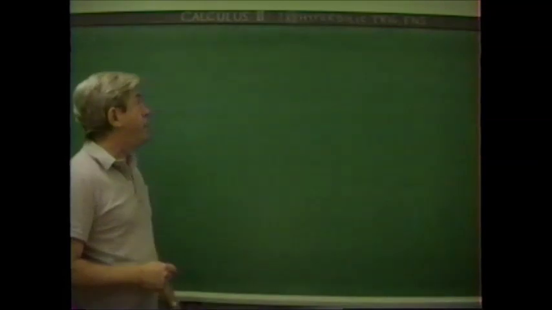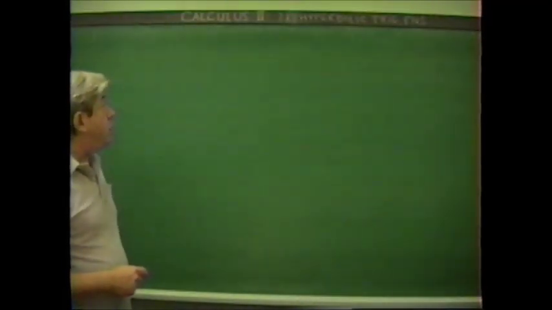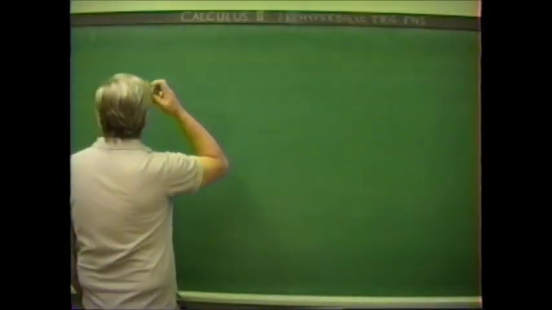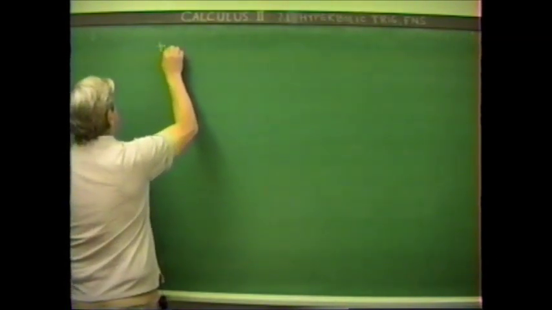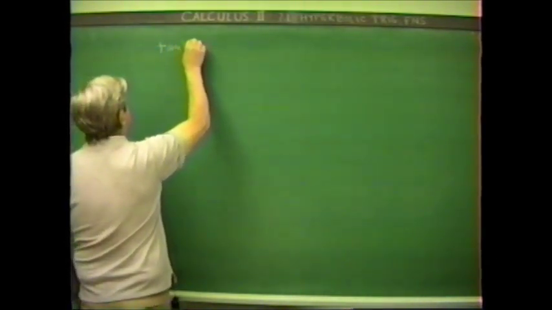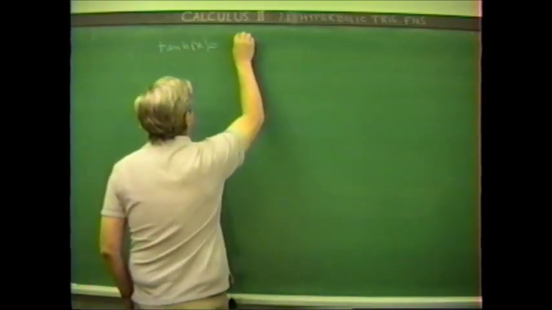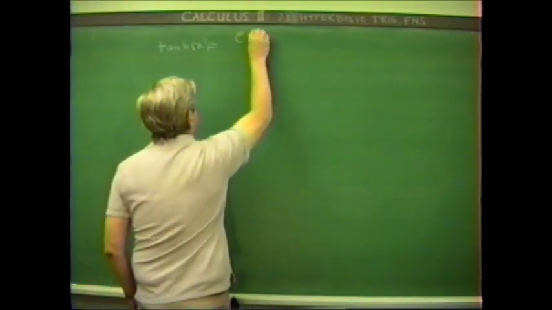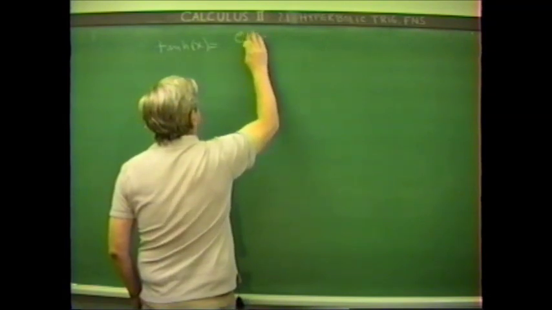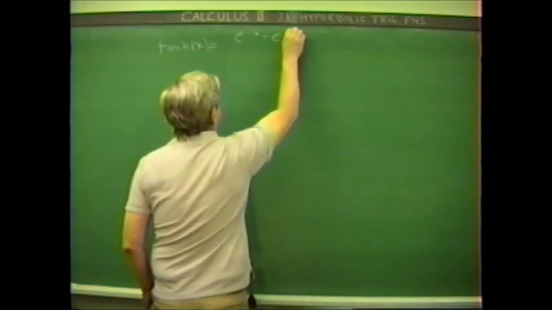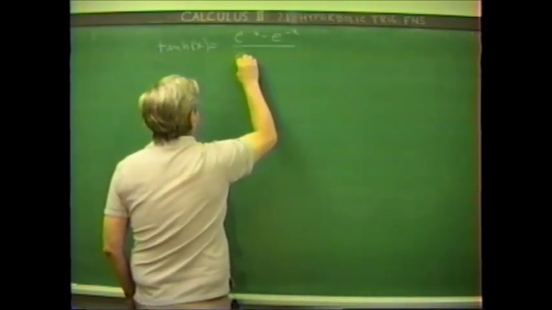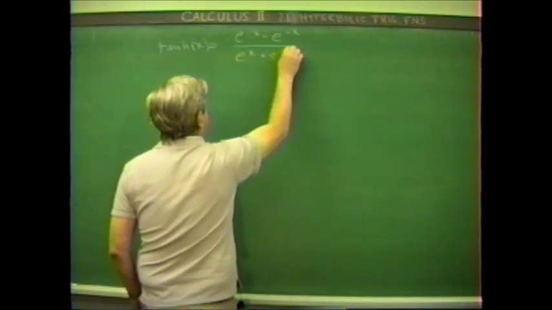I'm going to look at one more inverse hyperbolic trig function because it's used somewhat, and that's the hyperbolic tangent inverse. The hyperbolic tangent of x is the sine over the cosine, so it's going to be e to the x minus e to the minus x divided by e to the x plus e to the minus x.